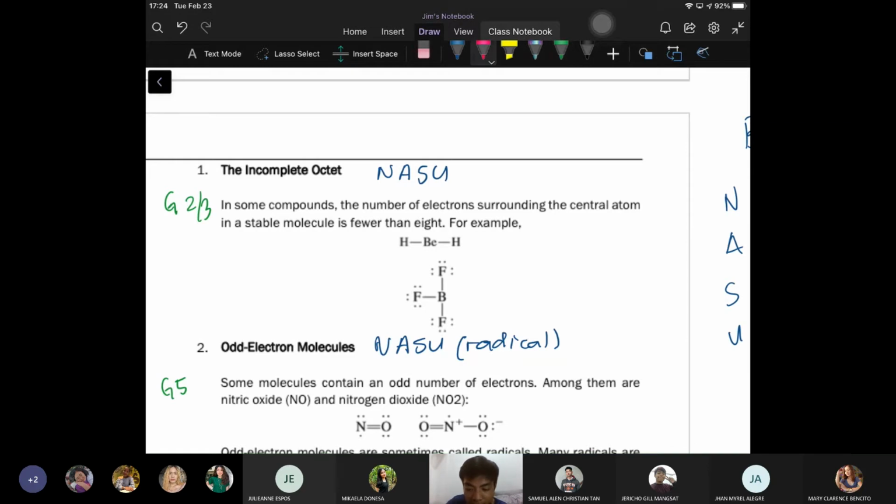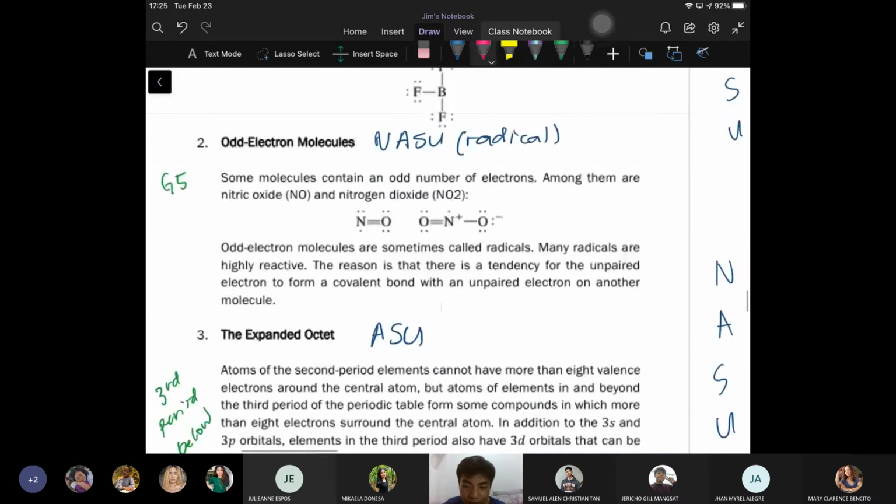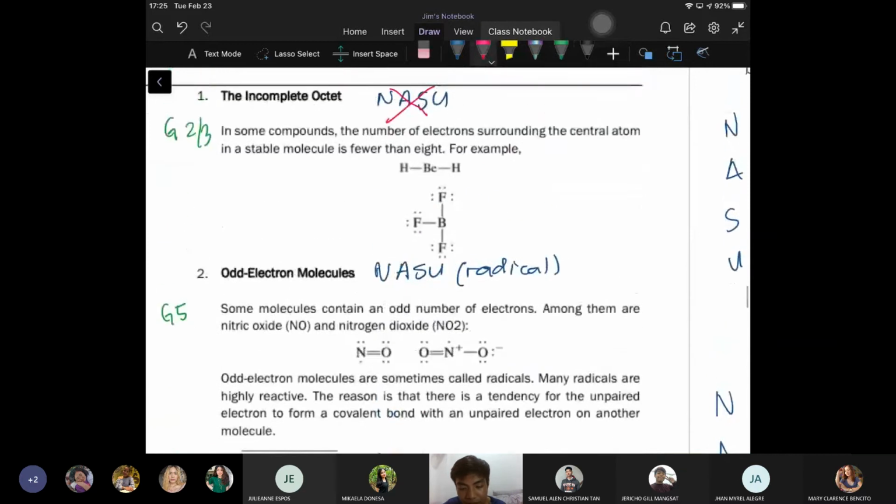So i-X ko na yung NASA rule ko. So ano nang gagawin ko? Just connect the dots na lang. Draw the Lewis dot symbol, and then connect the single lines to form the chemical bonds. Okay. So yun yung first exemption.